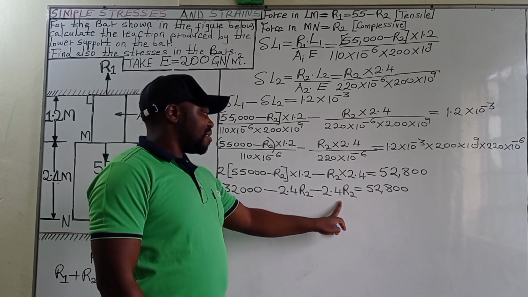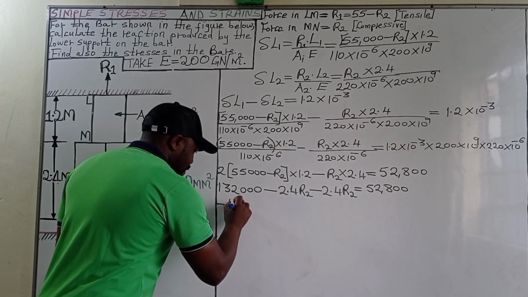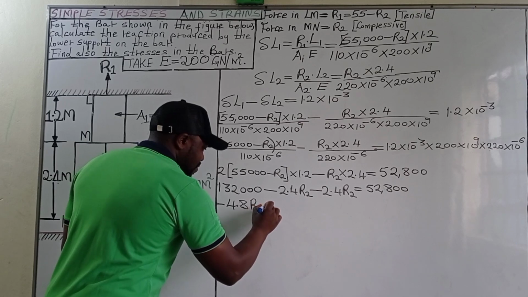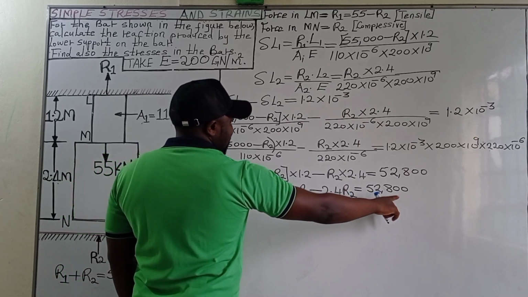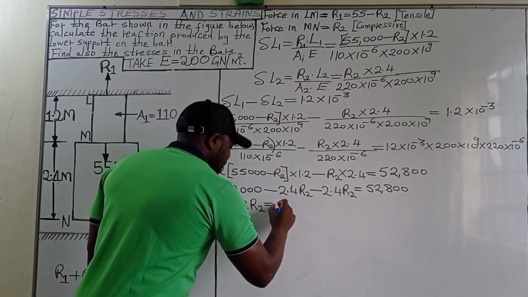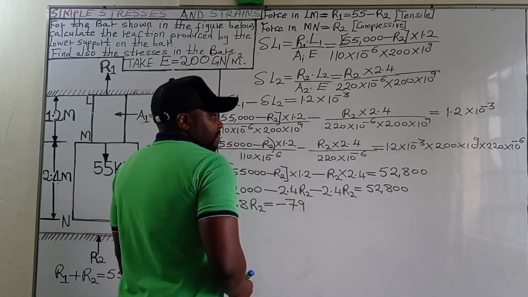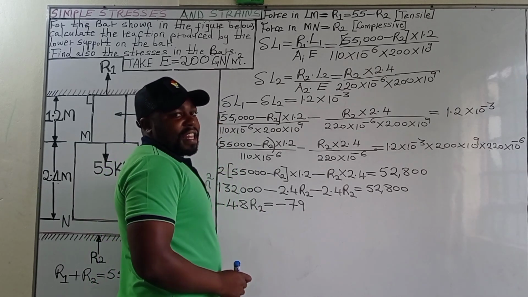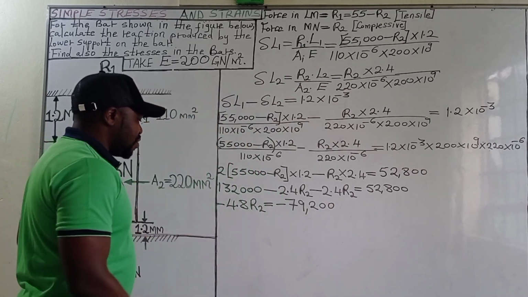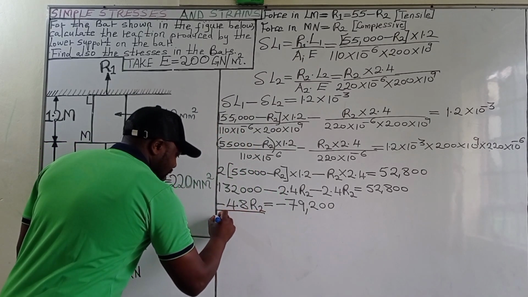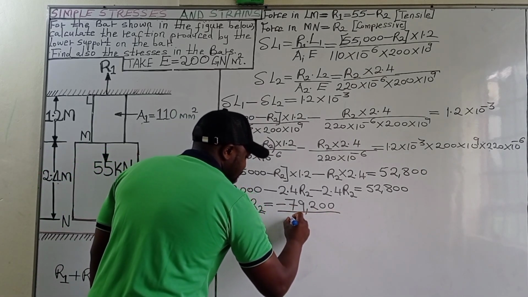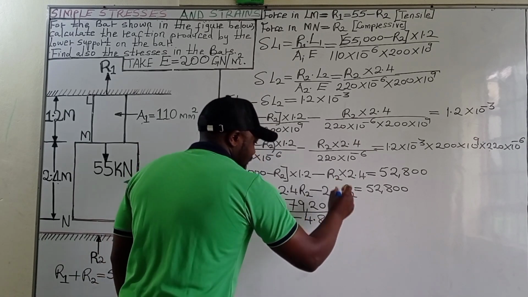Minus 2.4, that is minus 4.8, R2 being equal to 52,800 minus 132,000, that happens to be negative 79,200. To get the value of R2, we are going to divide both sides by negative 4.8.